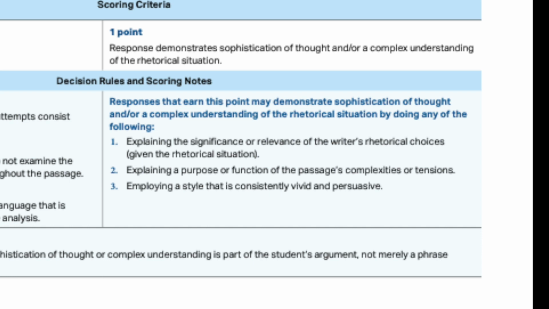But notice, it's any of the following. So while this is the murkiest category in terms of understanding exactly what they're looking for here, I think if we can do a good job of explaining the rhetorical modes or devices and relating them back to a relationship, I think that takes care of a lot of our problems in this rubric.